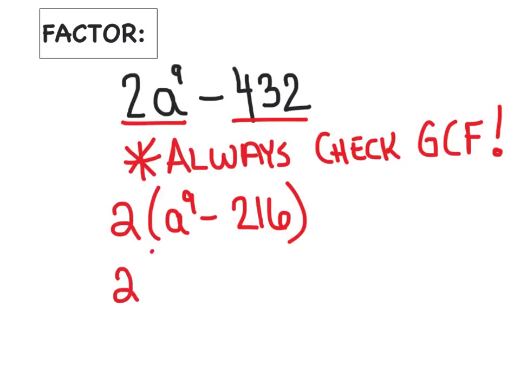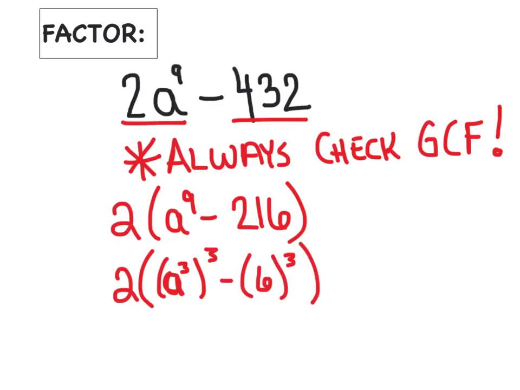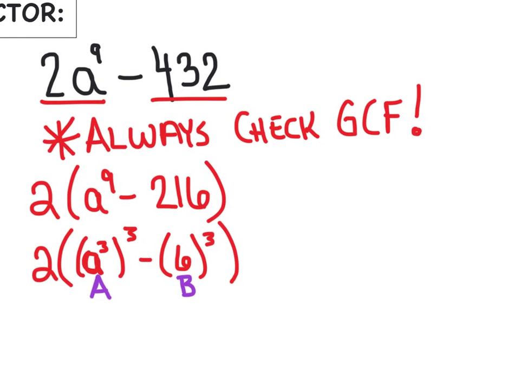Now, again, I like to ask myself, what's getting cubed to make a to the ninth? And I said a to the third was getting cubed. And then again, what's getting cubed here? It's a 6. So when we think about our formula, the a cubed is your a value and the 6 is your b value, and now it's just a matter of substituting into our formula. Let me see if I can slide over a little bit here.